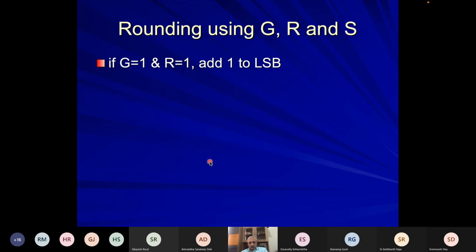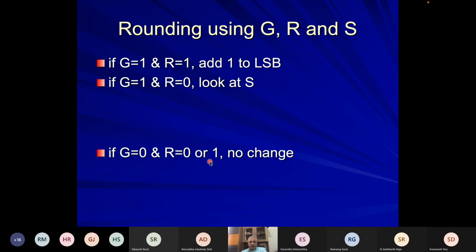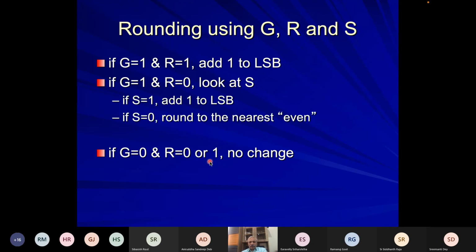If G is 1 and R is 0, then you look at the S bit. If S is 1, then you add 1 to the LSB. If S is 0, then you round to the nearest even. S equal to 0 means that you are exactly in between two representable numbers, and you can round it either way.